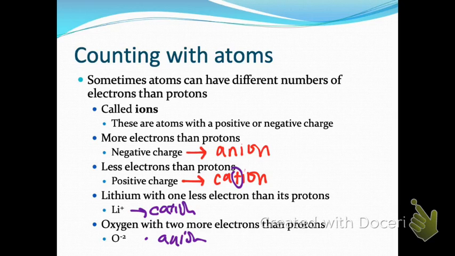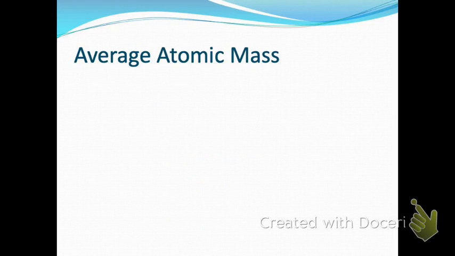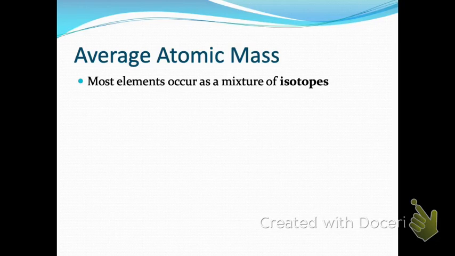This deals with average atomic mass. And that's the value that's reported on your periodic table as atomic mass. Okay? We said that most elements occur as a mixture of isotopes, some with a really abundant isotope and some not. But most elements occur in nature as a mixture of all of their isotopes.